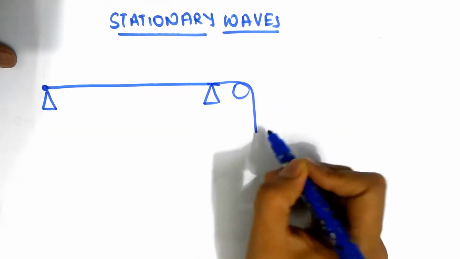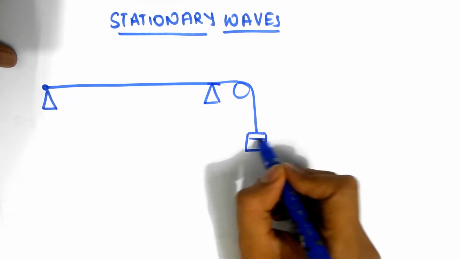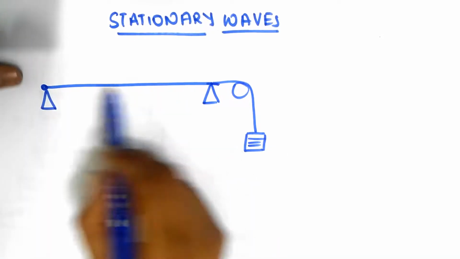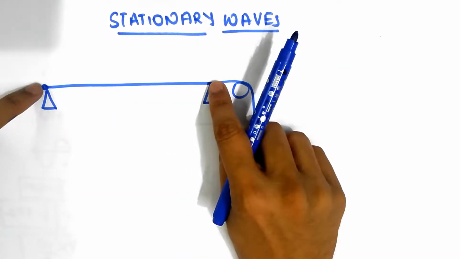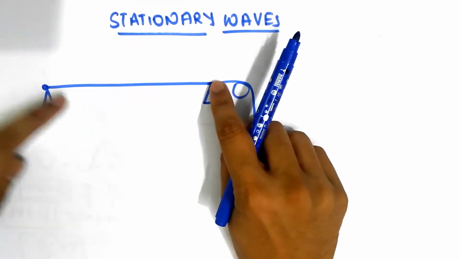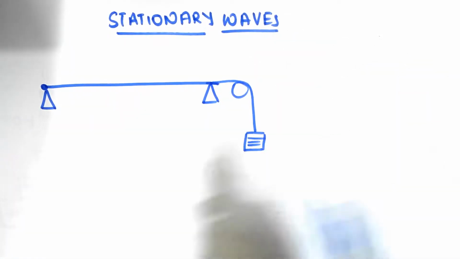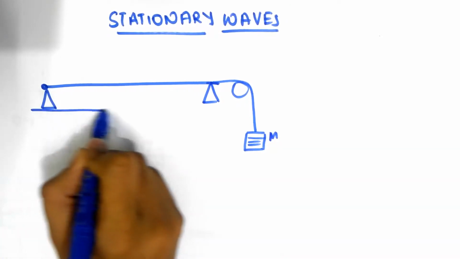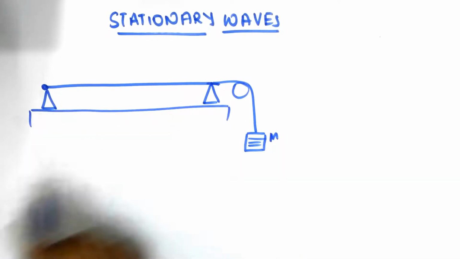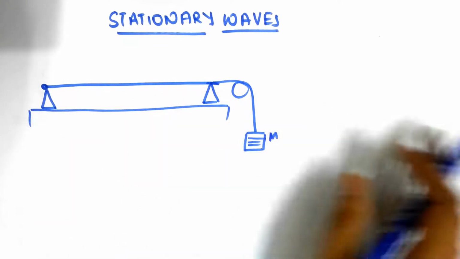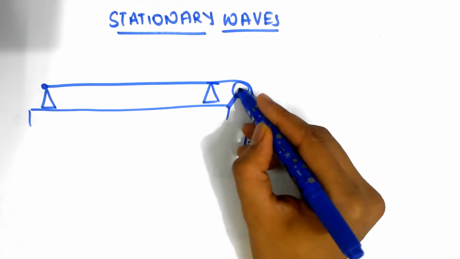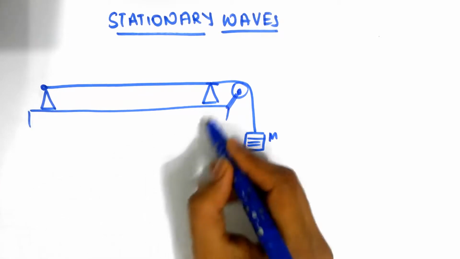The wire goes on that pulley, and then I can hang some weights over here. Whatever it is, now this wire is stuck between these two points, and it's forced to vibrate. Let's say some mass M is hung over here, and this is not floating in air. You have some setup. This, by the way, is called a sonometer. And you will learn what's the prime use of a sonometer, as you will see.